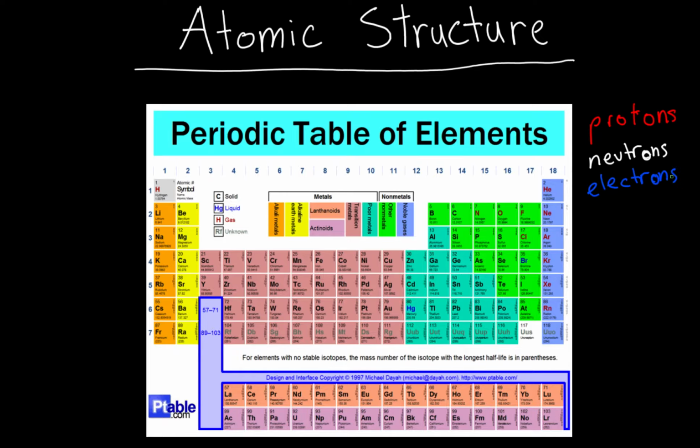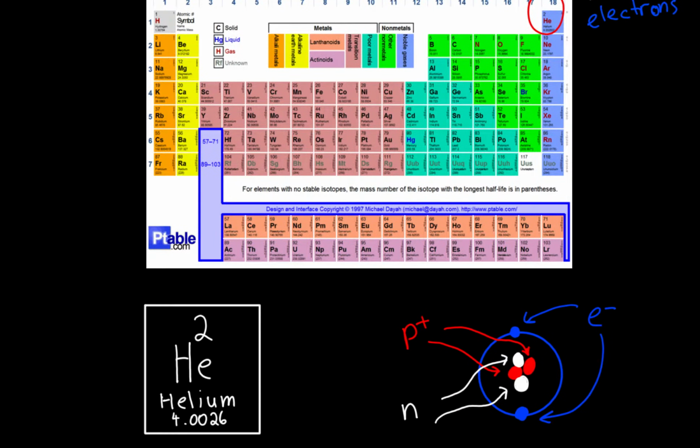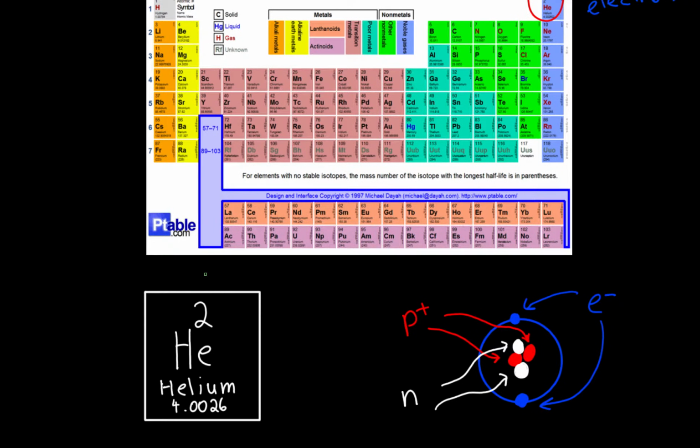Now, if we look at one of these examples, we're going to take a look at the element helium. So helium is right here. And if we scroll down, we notice that it has an atomic number of 2 and a mass of 4.